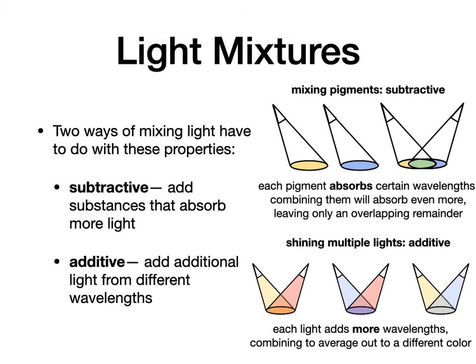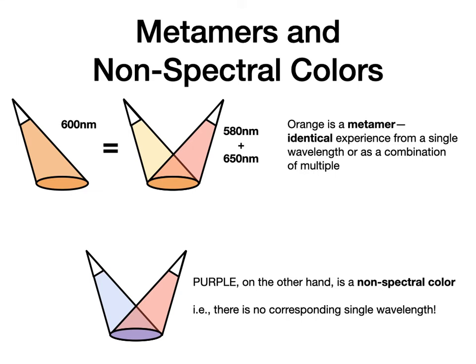Now, interesting tidbit. Metamers and non-spectral colors. Metamers are light experiences of light, right? So our understanding of the concept of orange is it can be represented two completely different ways. We can have one single wavelength of light shining somewhere, just like from an LED, a perfectly tuned orange LED.